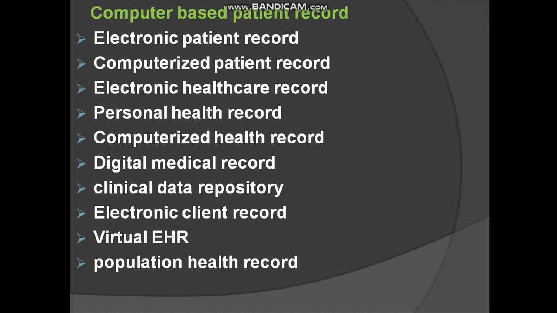Under that, computer based patient record is divided into different records: electronic patient record, computerized patient record, electronic health care record, personal health record, computerized health record, digital medical record, clinical data repository, electronic client record, virtual electronic health record, population health records.